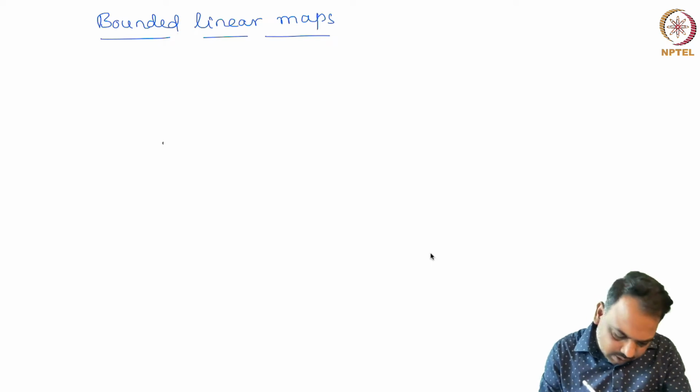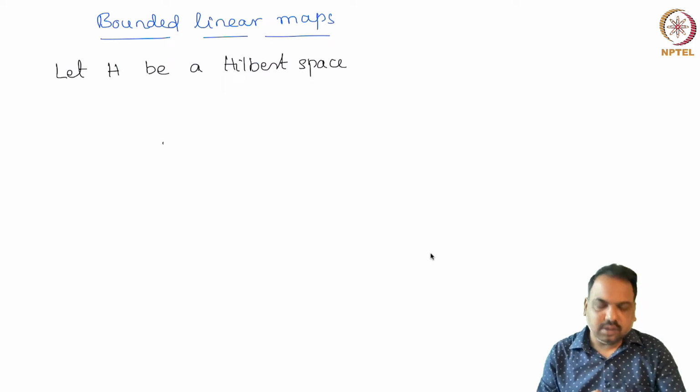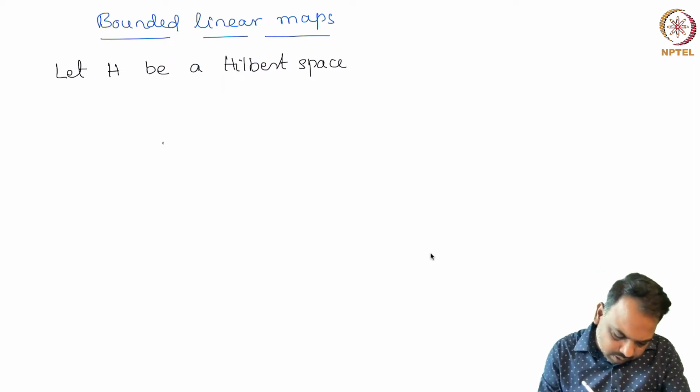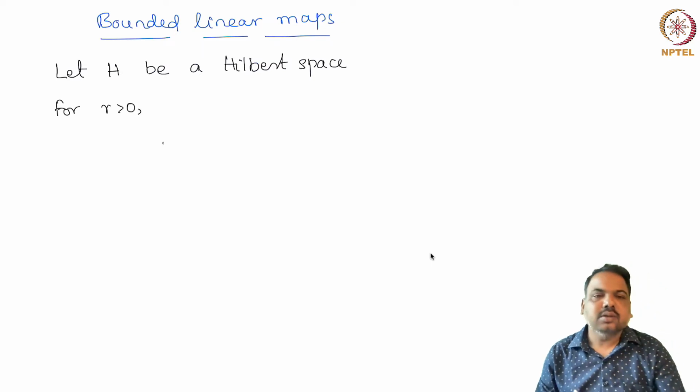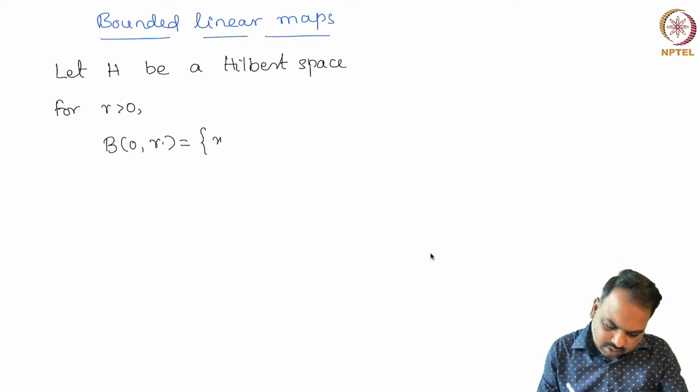So let us take H to be a Hilbert space. For r bigger than 0, B(0, r) denotes the set of all x in H such that the norm of x is less than r.